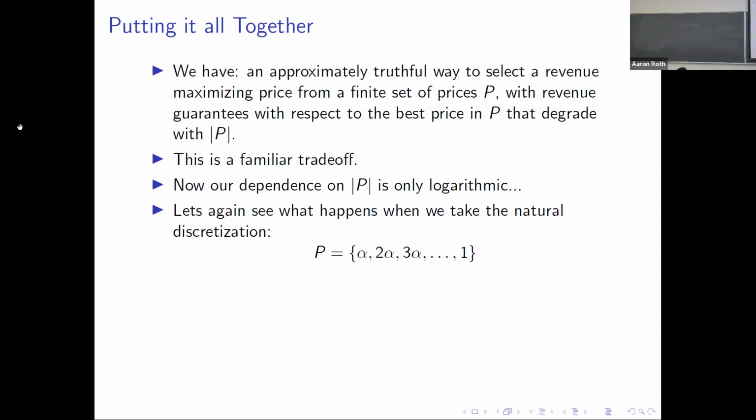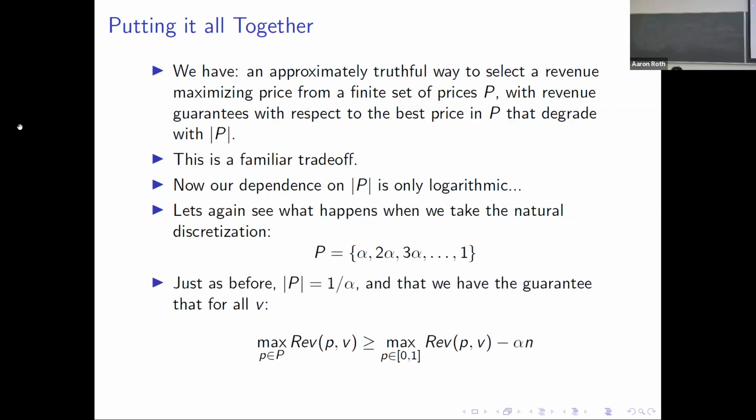So in particular, if we consider the same set of discretized prices we've considered over the last few lectures, right? Not all of the continuously many prices between 0 and 1, but alpha, 2 alpha, 3 alpha, up to 1. There's 1 over alpha many such prices. We know, just as we've used this fact a few times already, that the revenue of the best fixed price within this benchmark set is at most alpha n worse than the revenue of the best fixed price overall.